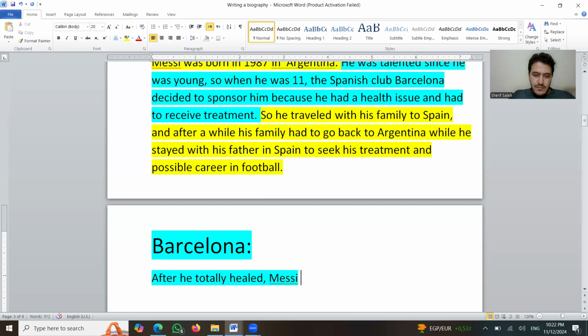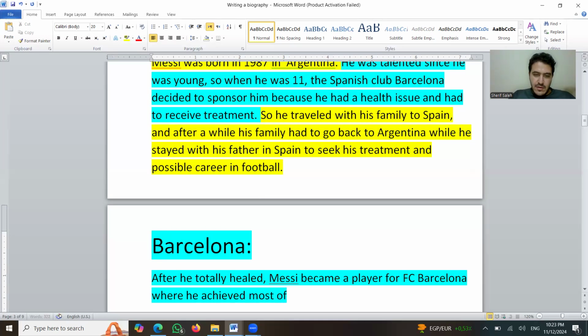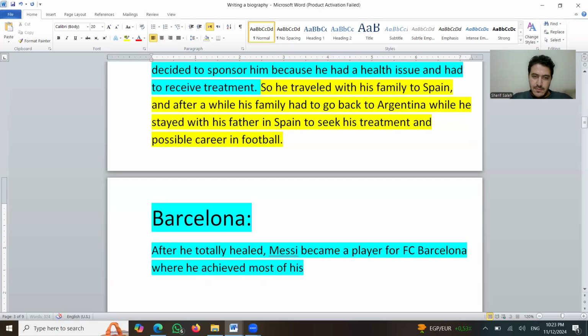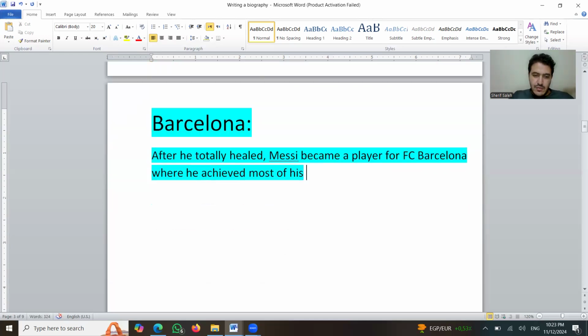Messi became a player for FC Barcelona, where he achieved most of his trophies, or where he won most of his trophies and reached his stardom.